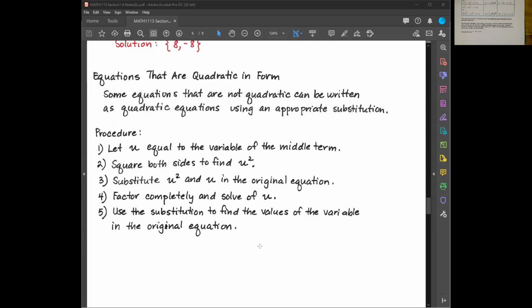And then substitute u squared and u in the original equation. And then factor completely and solve for u. Then use the substitution to find the values of the variable in the original equation. Okay. So we can use that procedure to help us solve equations that are quadratic in form. And if you'd like to, you can pause this video to copy down that procedure in your notes.